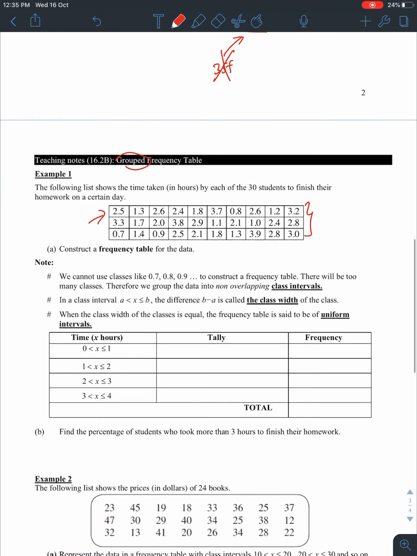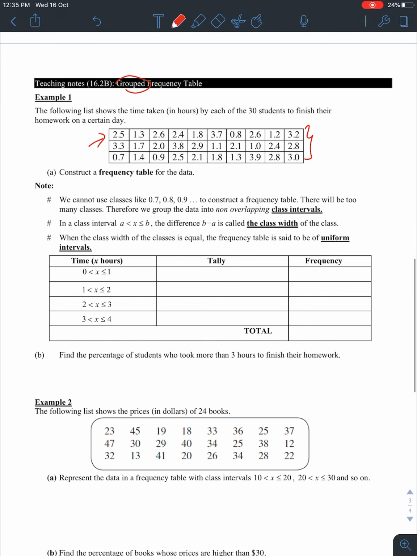You realize that it will be difficult for us to list every single data because of the wide range. So what we are going to do is to use something called class intervals to group this data. So what is a class interval? An example of a class interval is a range which is given by x between 0 and 1 inclusive. So we can actually write a few class intervals that cover the data set that is provided.